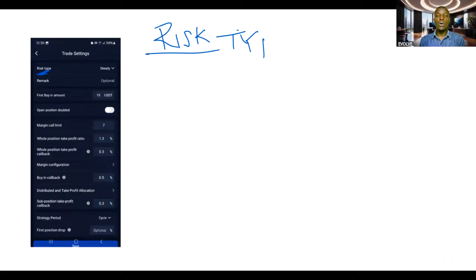So you should know the risk types. And then we have remark, which is simply the name. We have the first buying amount. I've spoken about this intensively, so I guess now people know it well.